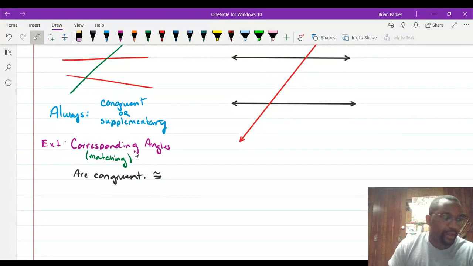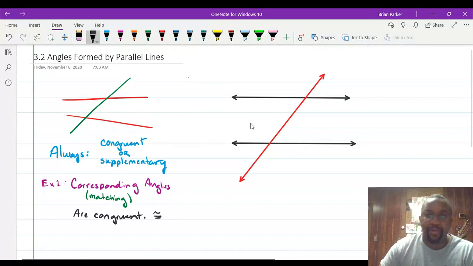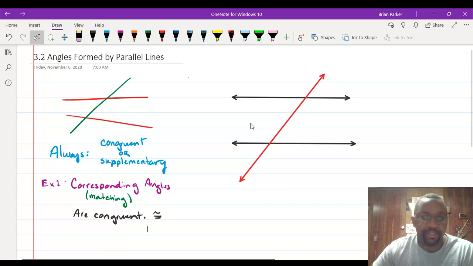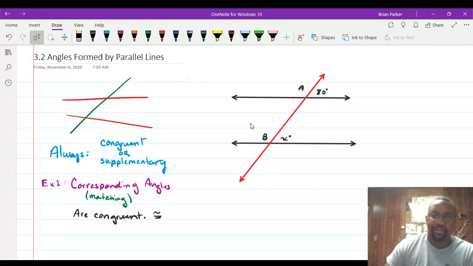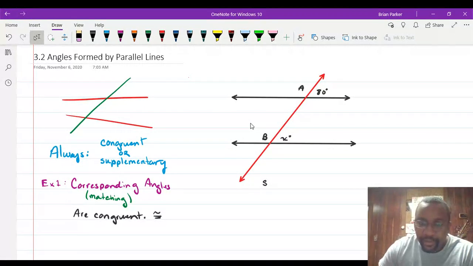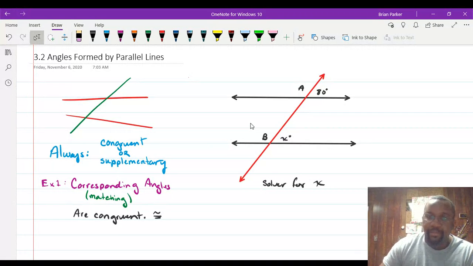If I were to label this as A and this as B, and I tell you that this here is 80 degrees, and this down here is X degrees, and they say solve for X, it's going to be real simple.